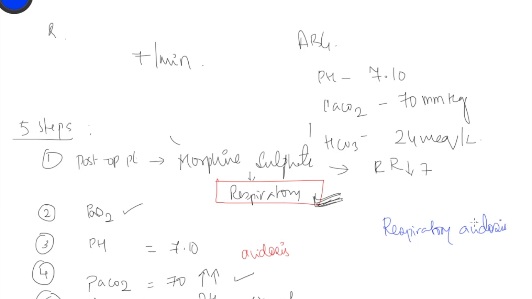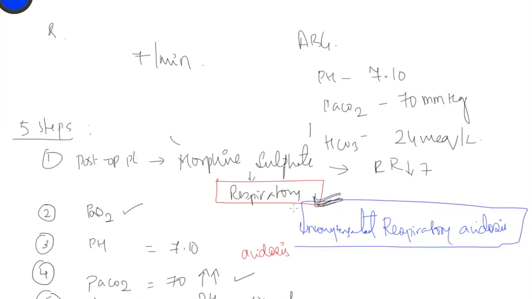Now look at the compensatory mechanism. What is it supposed to be? It's supposed to be metabolic alkalosis, meaning your bicarb should be increased. But is it increased? No, it's not. So it is an uncompensated respiratory acidosis. I hope you understood how we arrived at the answer.